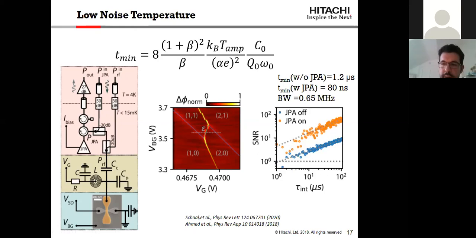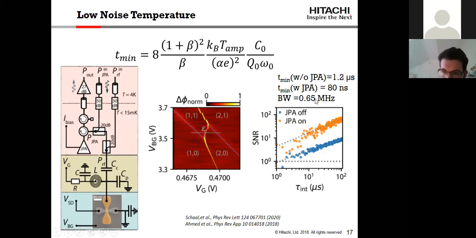So we benchmark this methodology, and we can see that the minimum integration time without the JPA is of the order of 1.2 microseconds. When we turn on the JPA, that goes all the way down to 80 nanoseconds. So this is quite a substantial improvement over other designs.